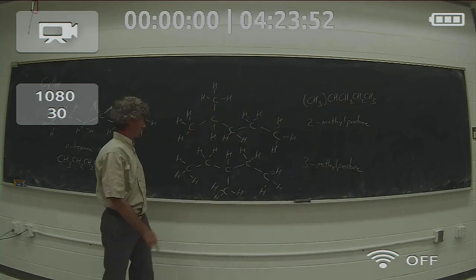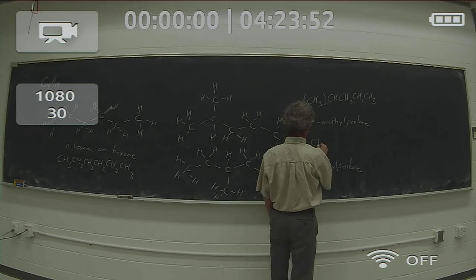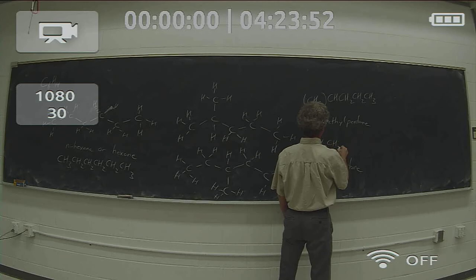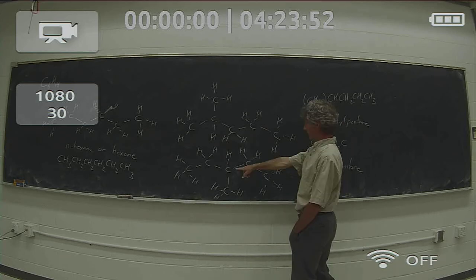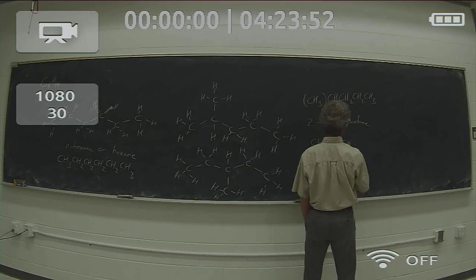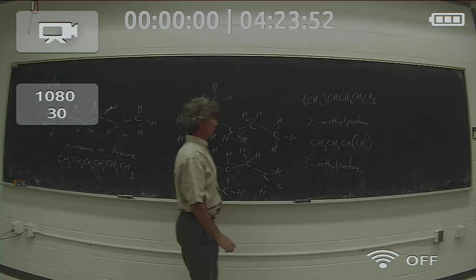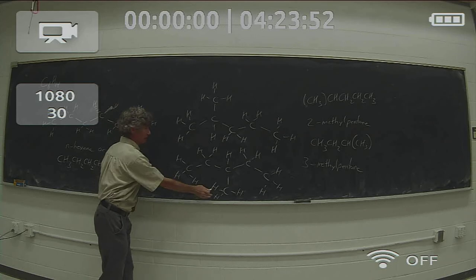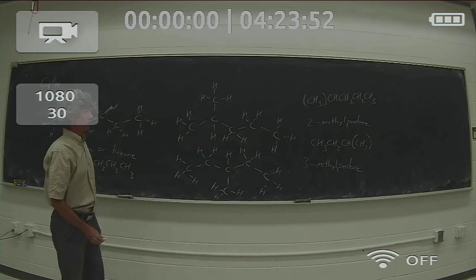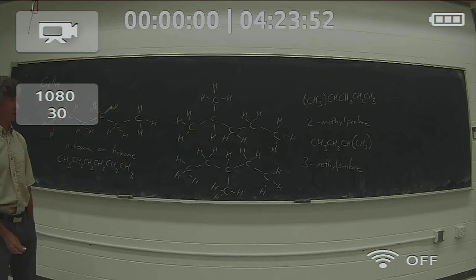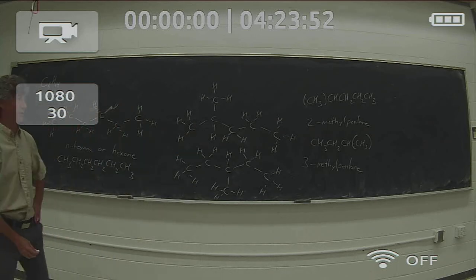For 3-methylpentane, we have a CH3, and then we have a CH2, and then we have a carbon that's attached to hydrogen and a CH3. We'll put that CH3 group that's coming down off the bottom here in parentheses to indicate that the entire contents of that parentheses is attached to the carbon to its left.